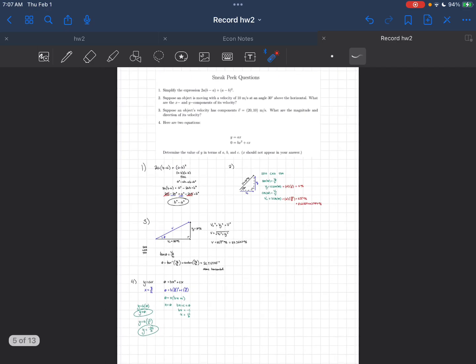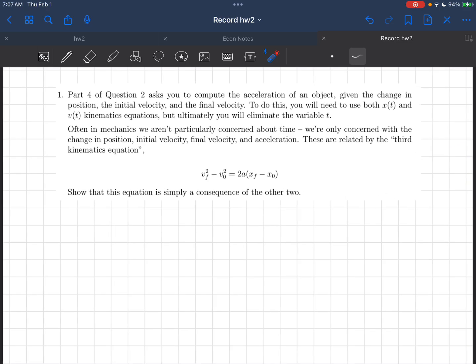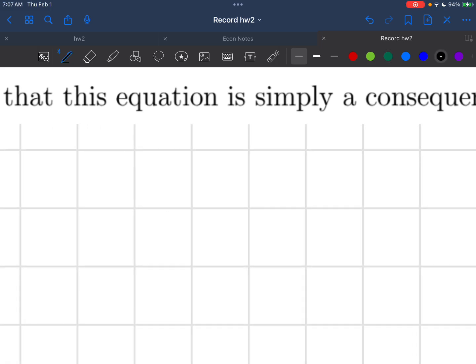All right, so moving on from our algebra, we're doing more algebra. Right, so we're going to use our x of t and v of t kinematics equations, eliminate the variable t, and end up with this as our result. So I'm going to start by writing out our two equations.